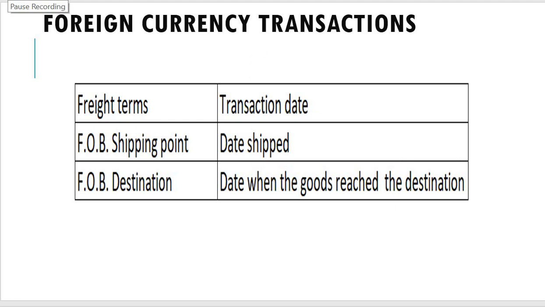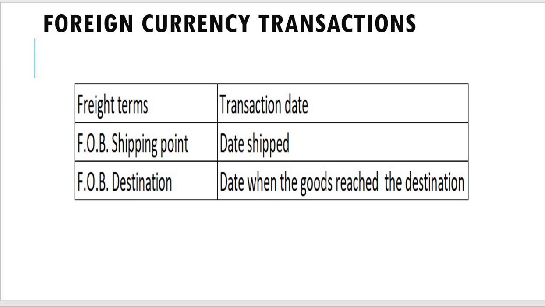Also, yung freight terms din is very relevant, no? Especially in determining the transaction date. So, whether we import or export, relevant yung freight terms. So, say for example, suppose the domestic company exports goods. If the term is FOB shipping point, mag-record ka na ng sale on the date it was shipped.